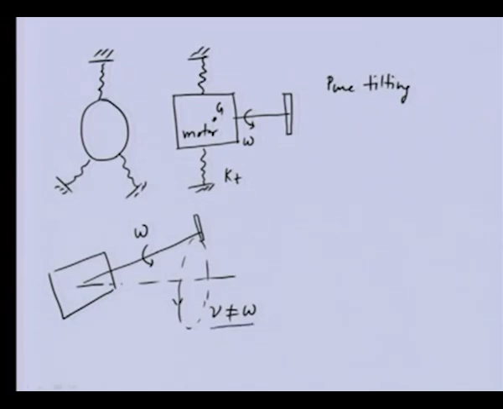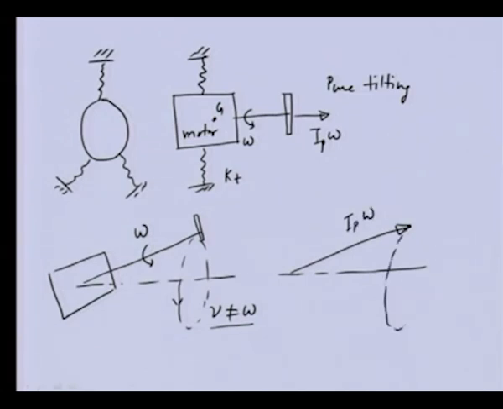Now, if we consider the angular momentum of this particular disc, this will be I_P, the polar mass moment of inertia of the disc, into the spin speed. Let us say this is the angular momentum vector, I_P omega.